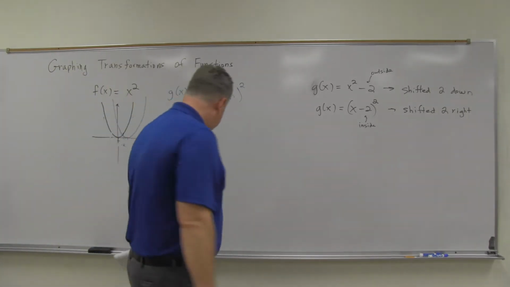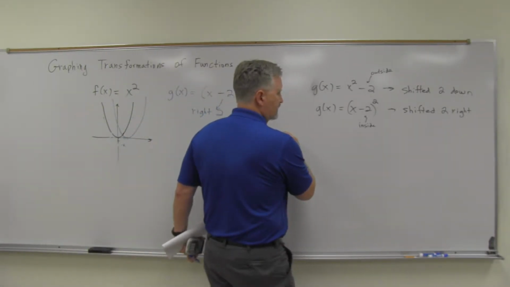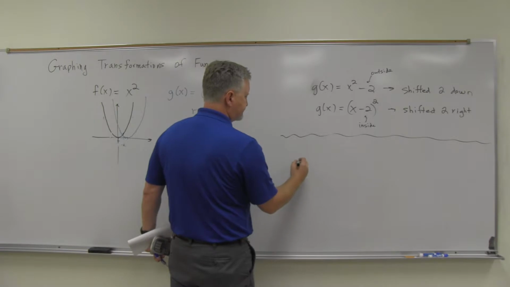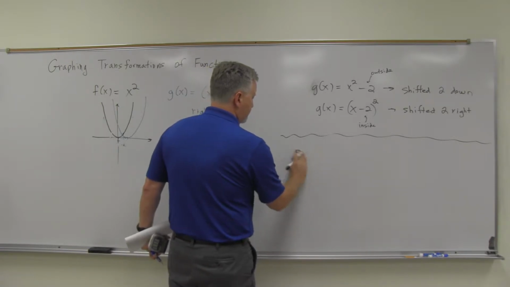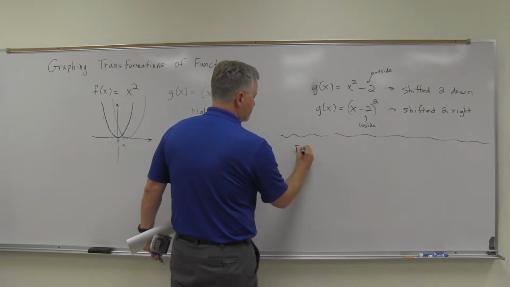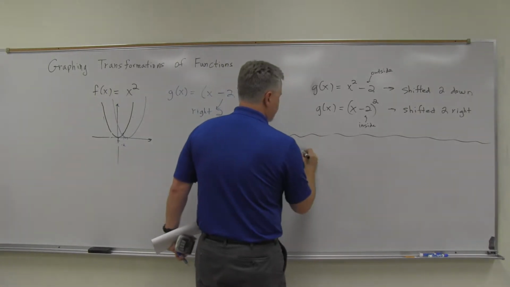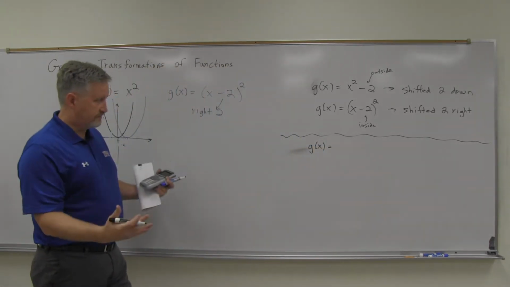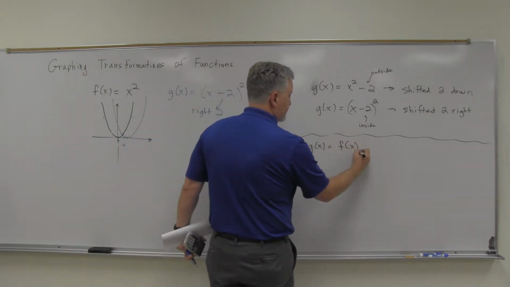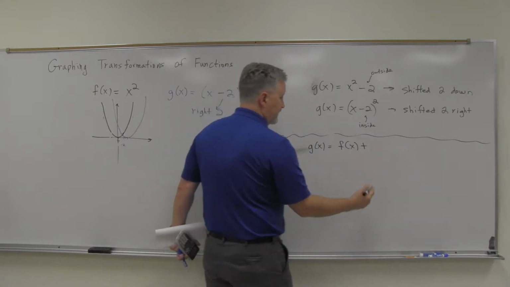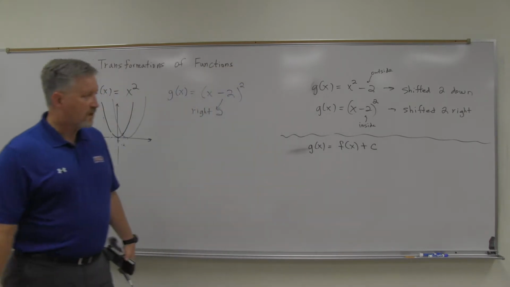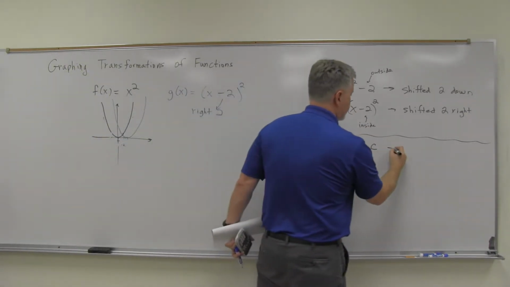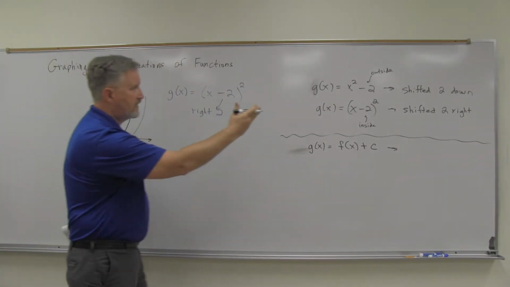Now, with that in mind, here's kind of a summary. If we have a g of x function where g of x is some common function, f of x, and we add to it some constant on the outside, so that's f of x plus c, that's on the outside.